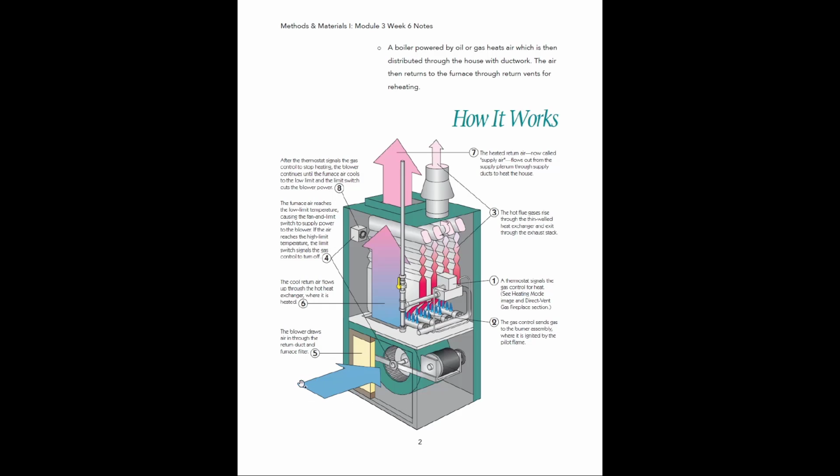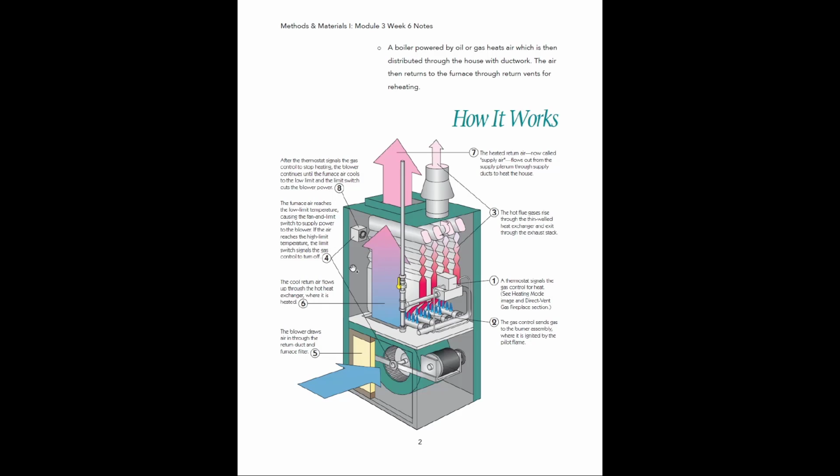Basically, the air is brought in through a blower, and then it runs through the main portion of the furnace system here, and we have our gas lines coming in, and we have a flame that's being ignited here, which actually is heating up the air that's within these chambers.